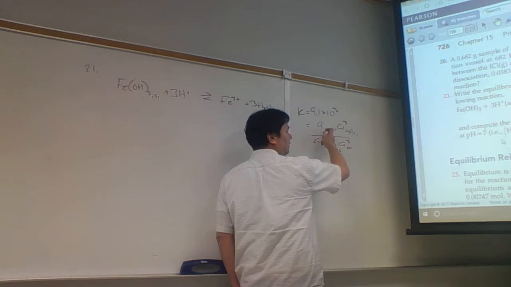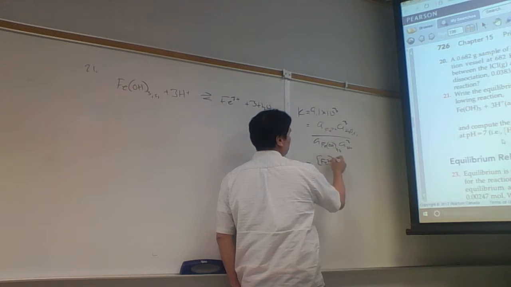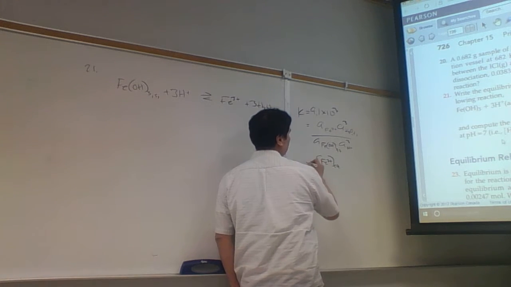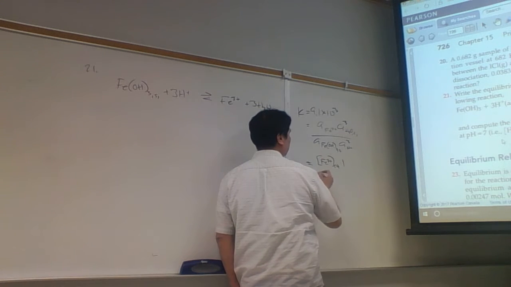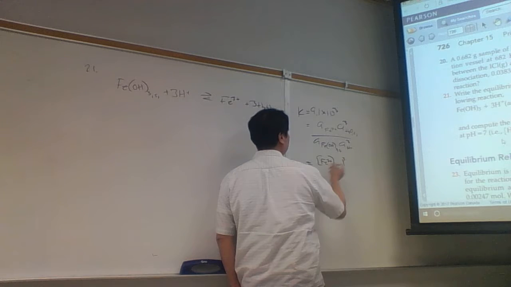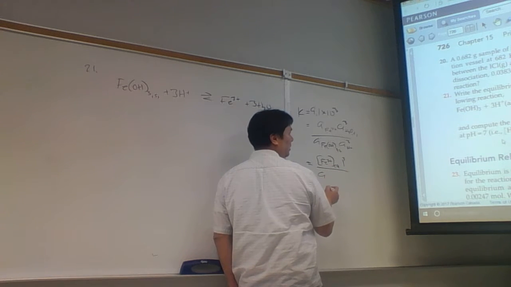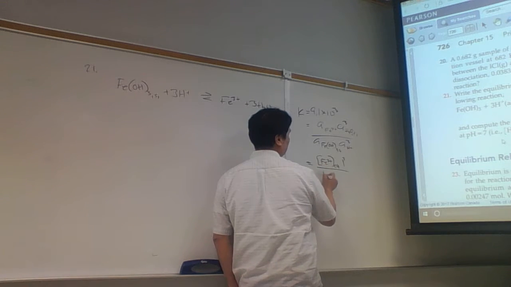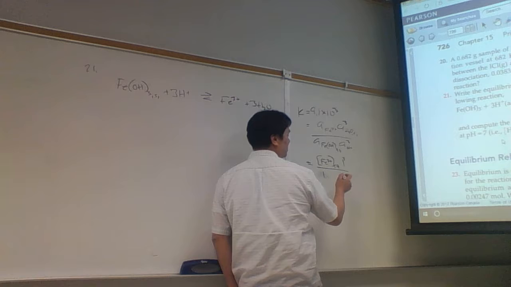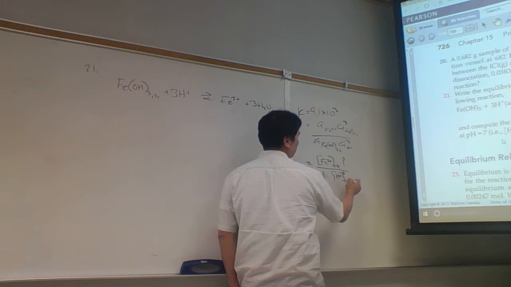The activity of iron 3+ is just the concentration of iron 3+ at equilibrium. The activity of H2O liquid should just be 1, cubed, divided by the activity of the iron 3 hydroxide. The activity of iron 3 hydroxide is 1, times the activity of H+, which would just be the concentration of H+ cubed. This would be the equilibrium.